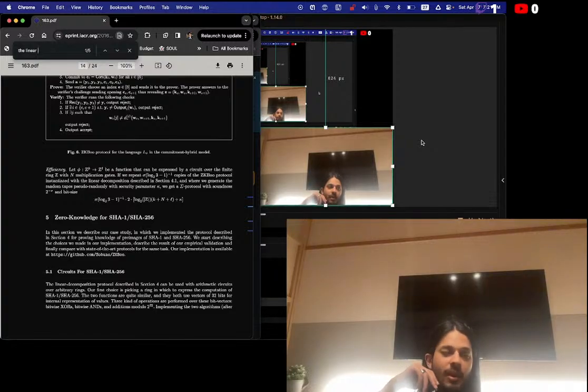But then we double the amount of computation. So it's effectively 256 versus 218. So to get soundness error 2 to the minus 128, we would do 256 iterations of this protocol.